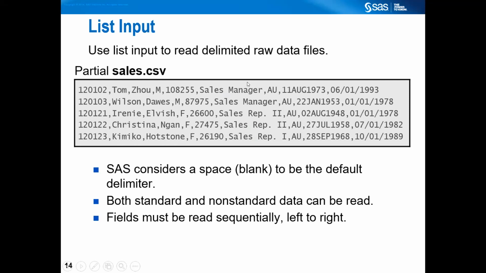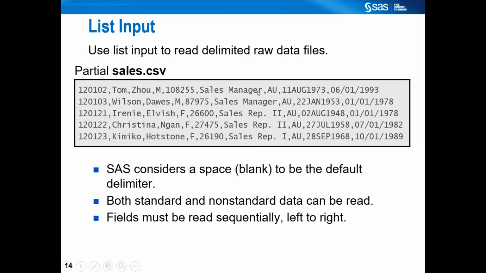And this raw file consists of both standard and non-standard data. Of course, the fields must be read sequentially from left to right. We will be using the list input method. From left to right, the instruction provided is employee ID, first name, last name, gender, salary, job title, country, correct?